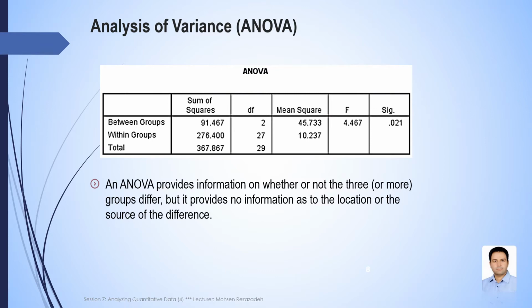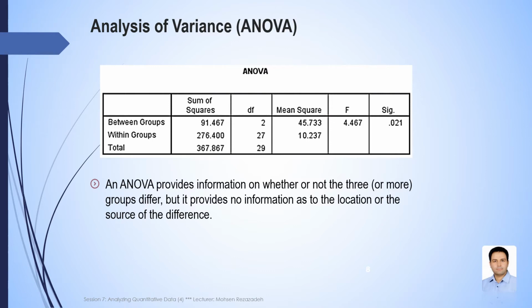That is, it does not tell us if the difference is between beginners and intermediate students, between intermediate and advanced, or between beginners and advanced. It just tells us that there is a significant difference somewhere between these.